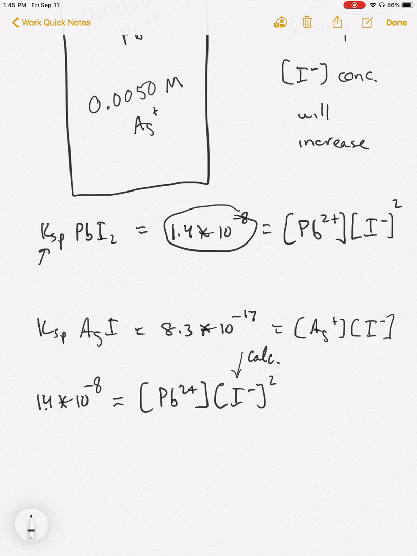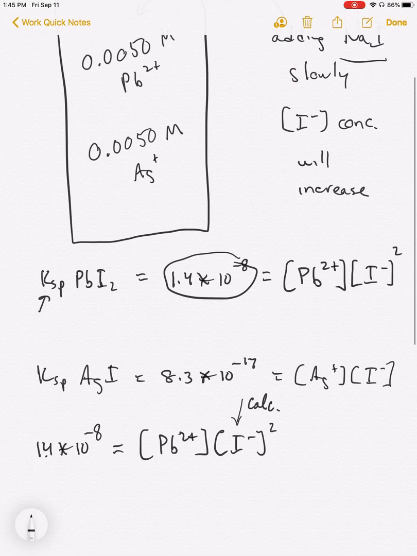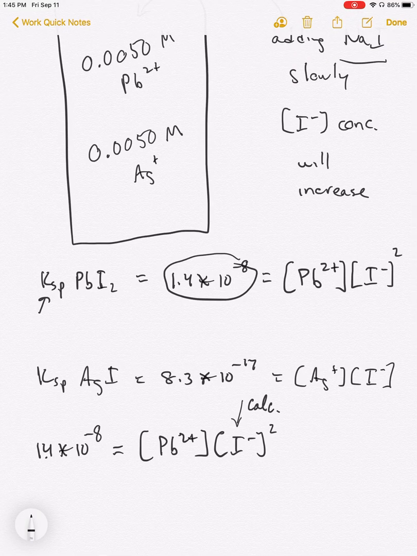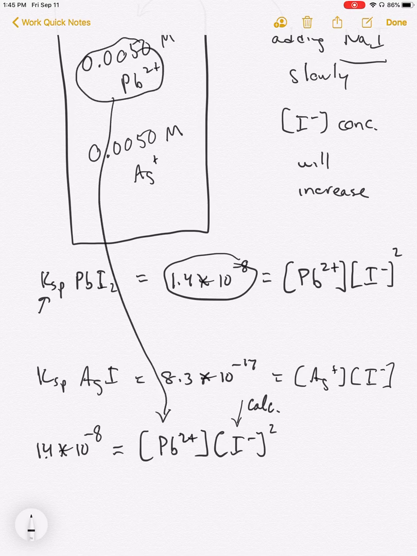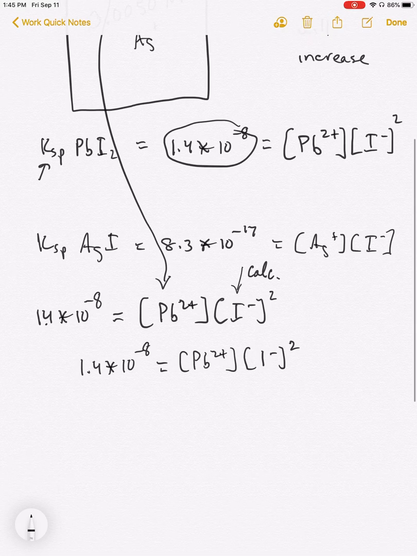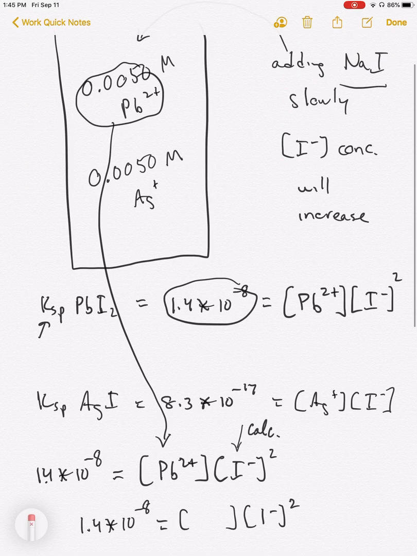And so in order to do that, we will just plug in the molarity for my lead. Then we can go through the algebra to solve. Oops, I didn't plug in the amount for the lead, so let's plug that in. That is 0.